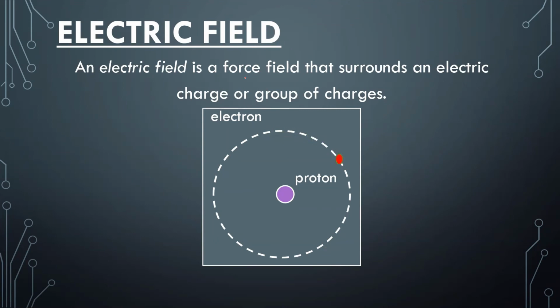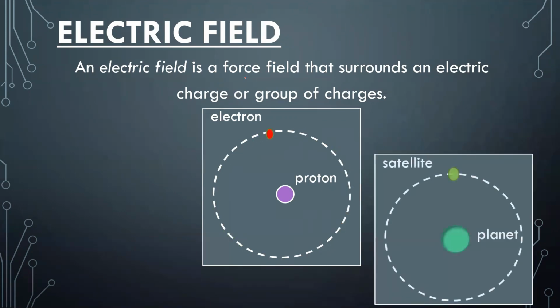So since mas malakas yung force of attraction of the electron, it caused the electron to move or to revolve around the electric field. So it is just like a satellite, okay? It's just like a satellite around a planet.